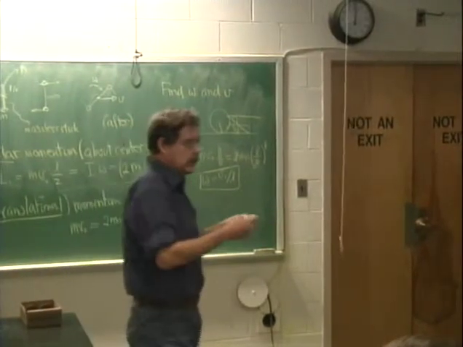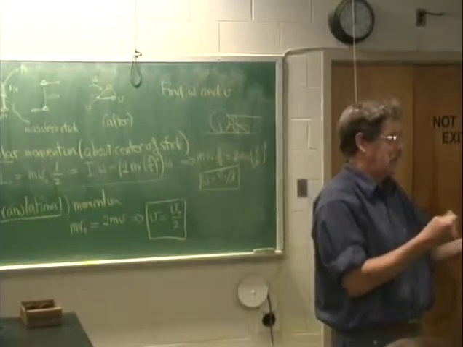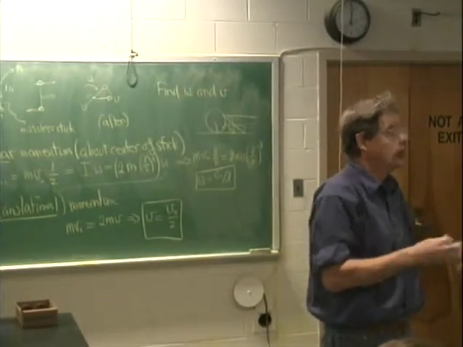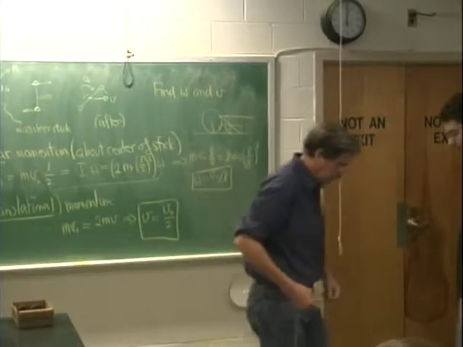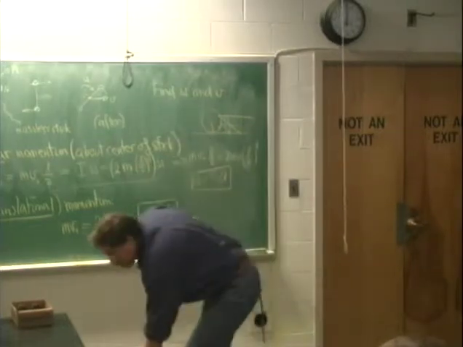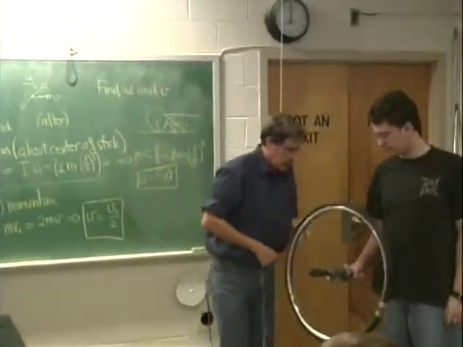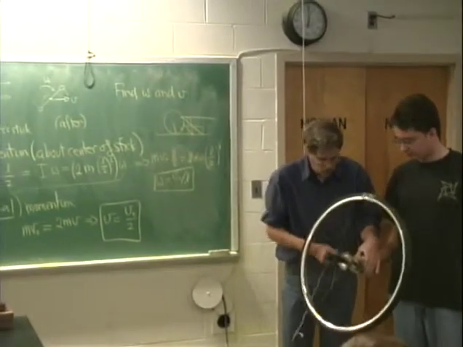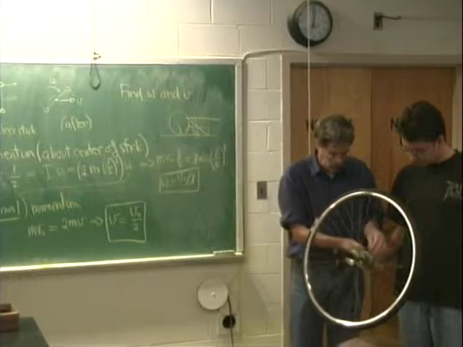So I need another assistant. We're back to this side. Don't worry, this one's not dangerous. All you have to do is hold the wheel while we get it going. Actually, let's get this thing out. We're going to just spin the wheel up and then hang it from that string.